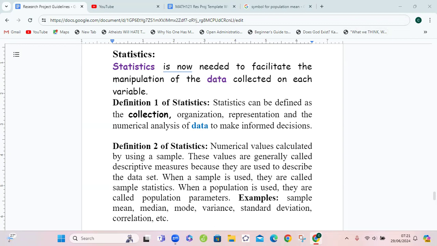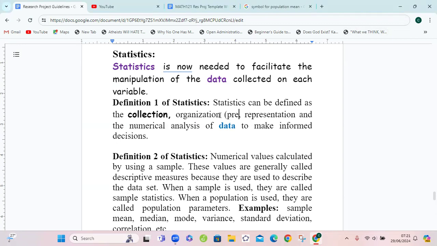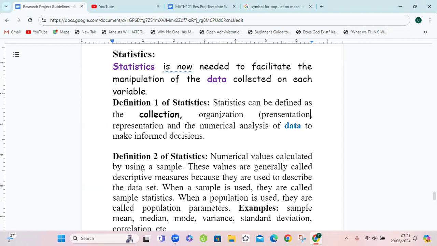Definition 1 of statistics. Statistics can be defined as first the collection, then after the data has been collected, it has to be organized, meaning it has to be presented using tables.